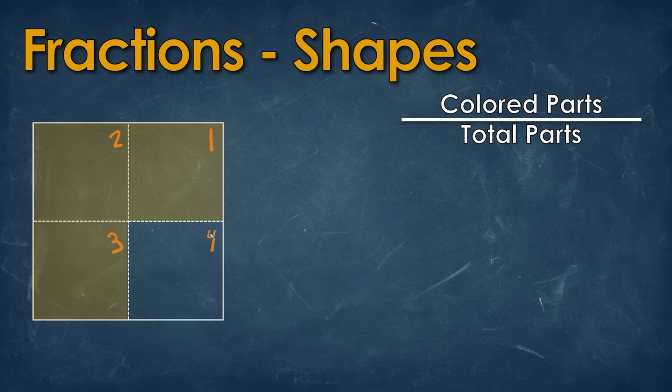So if we ever want to put this into a fraction, we use this here, where we have the total number of colored parts, 3, divided by the total number of parts, which is 1, 2, 3, 4.